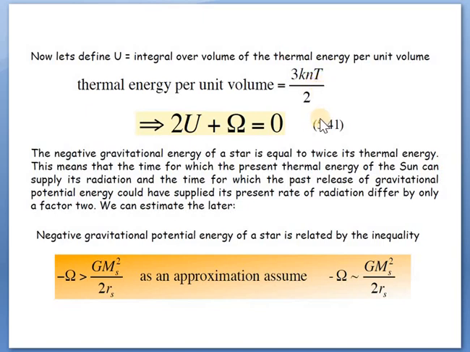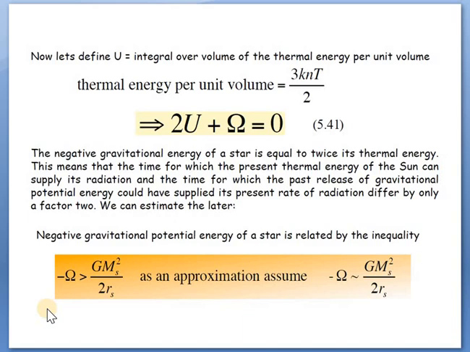So what we get is that the negative gravitational energy of a star is equal to twice its thermal energy. This means that the time for which the present thermal energy of the Sun can supply its radiation, and the time for which the past release of gravitational potential energy could have supplied its present rate of radiation, differ by only a factor of 2.